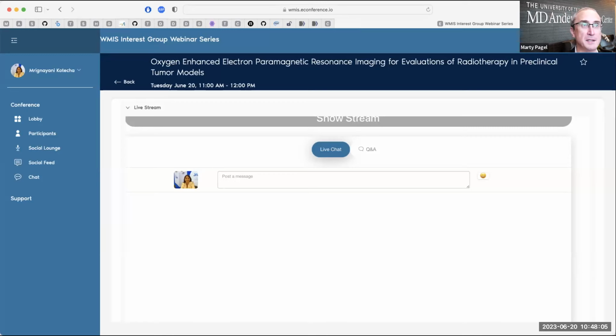It's no longer needed to do the test-retest, so we could shorten our scan time and time it appropriately to get the agent into the tumor, even with an intravenous injection. I think a 15-minute scan window would be fine. So we could do the MRI before or after that, and do IV injections now.